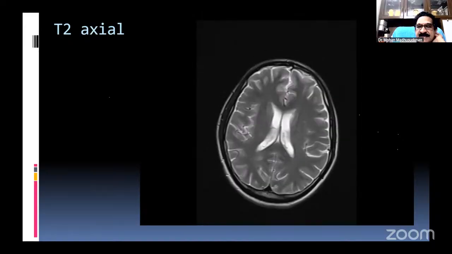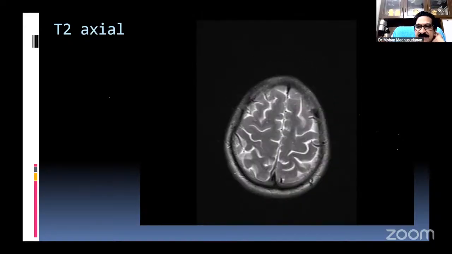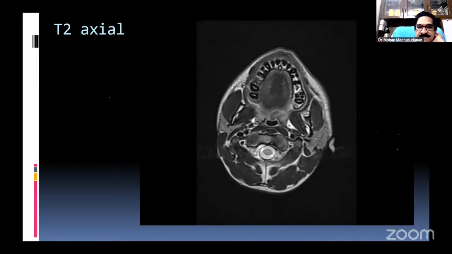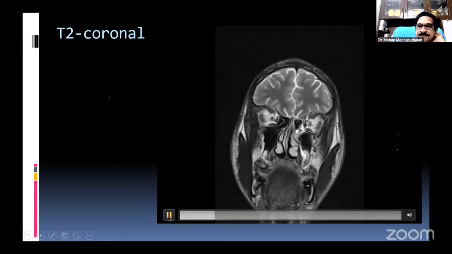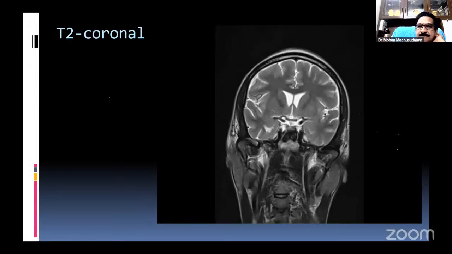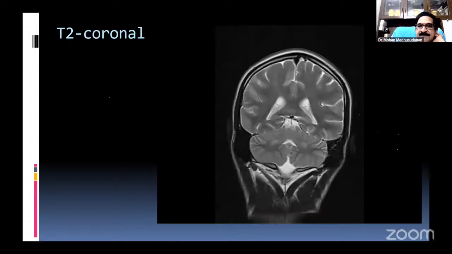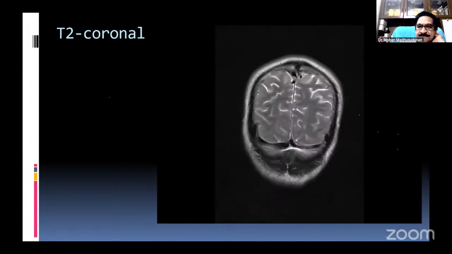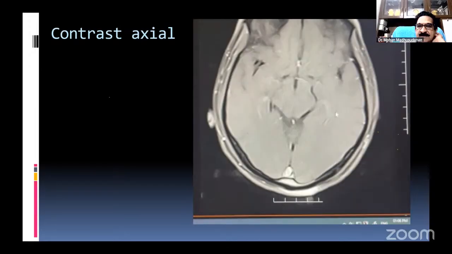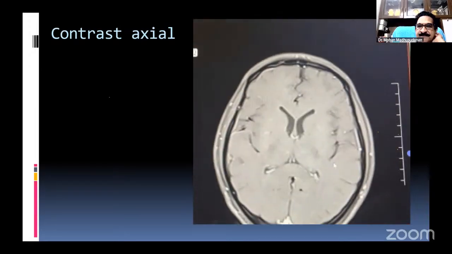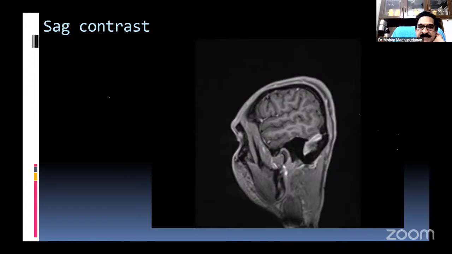Compared to the previous one, the lesion is still there, but much less in extent. This is the coronal brain. Clearly better than before. This is the contrast axial. This is a sagittal contrast which is done now.